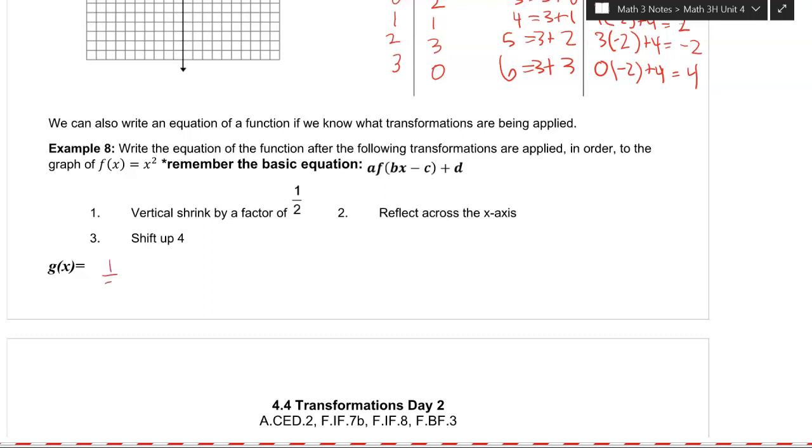So we know our 1/2 is going to go first with that negative in front of it. And then we have x squared. We don't have anything to add to it. And then plus 4. You don't really need parentheses on this one since you're not having anything inside with x. So it could be just -1/2 x squared plus 4.